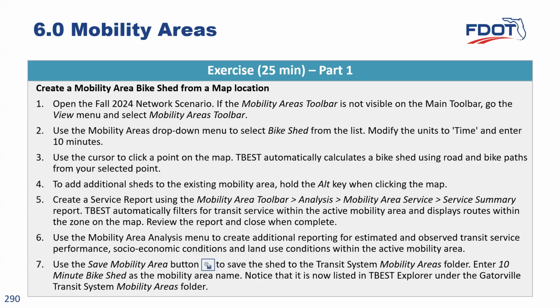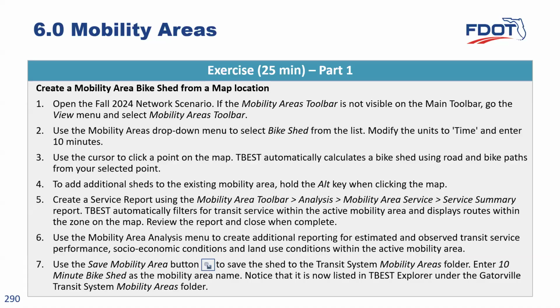Yeah, so whatever you would have in a shapefile or the mobile geodatabase or an ArcGIS online layer can be added to the TBEST map and either saved as a mobility area. We actually have a tool that we're going to look at a little bit later for market assessment and service assessment using just a layer that you add.